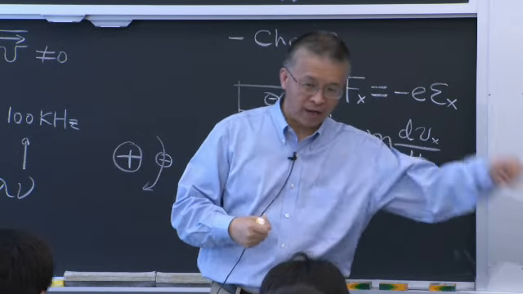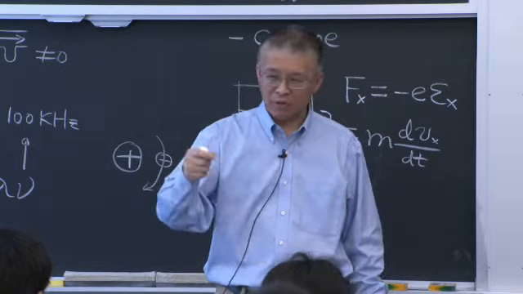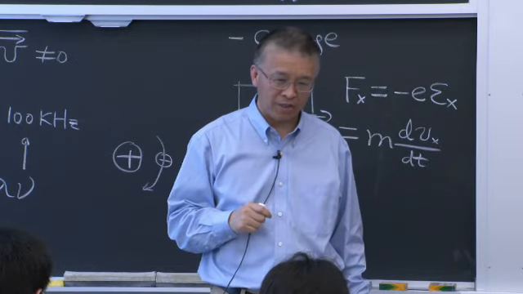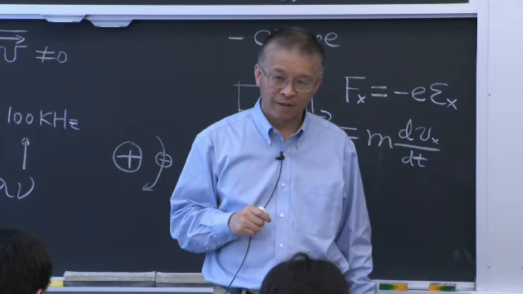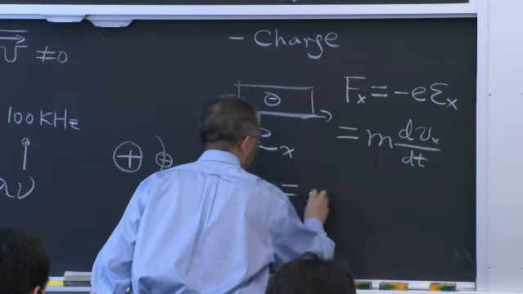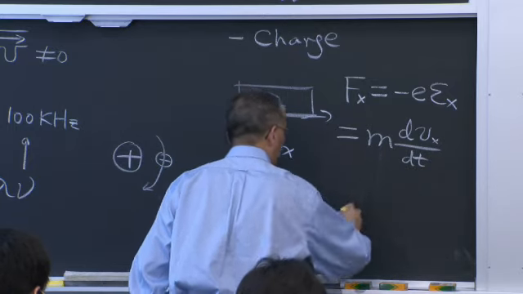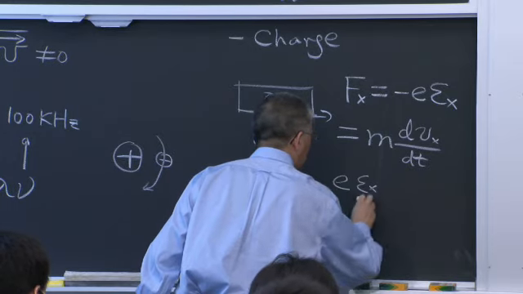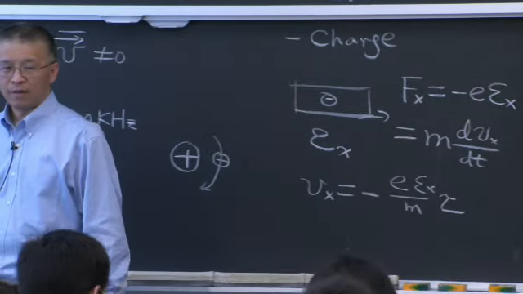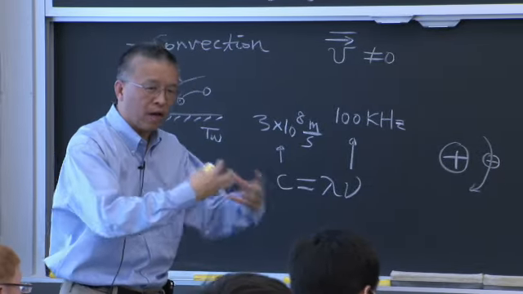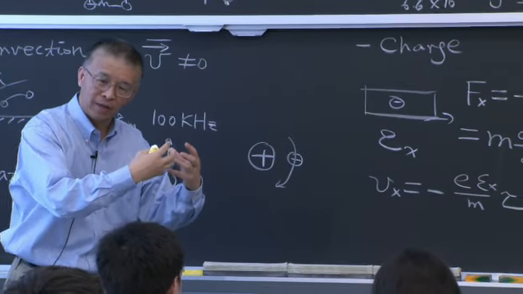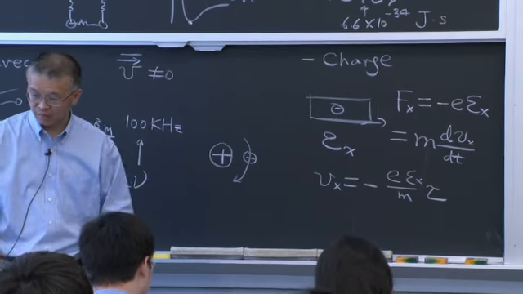Collide, accelerate, collide, accelerate. So I'm going to do some hand waving. If I do that integration, I say that's tau, the average time between collisions. So my velocity then, if I integrate this, is E epsilon x divided by m times tau. This is the drift velocity. The electron under this field has an average velocity of the charge.